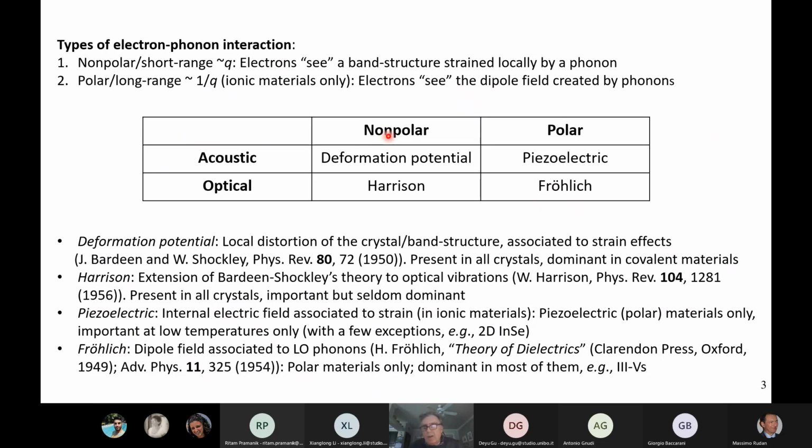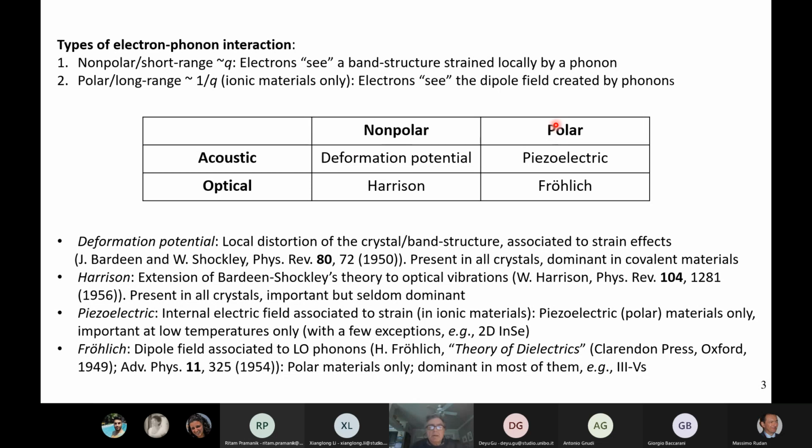So an electron which is moving around sees the bottom of the conduction band move up and down, depending on the type of strain that we have. So whether we're dealing with transverse or longitudinal acoustic or optical phonons. So this is an interaction which is not mediated by an electric field, so it's a short-range interaction. And so we expect that this interaction will have a strength that grows with the momentum which is exchanged between the electrons and the phonon.